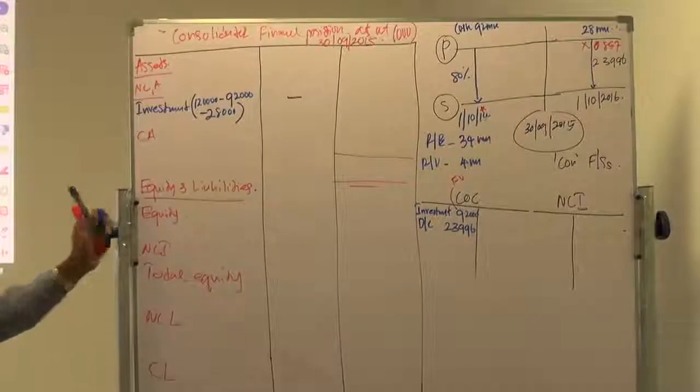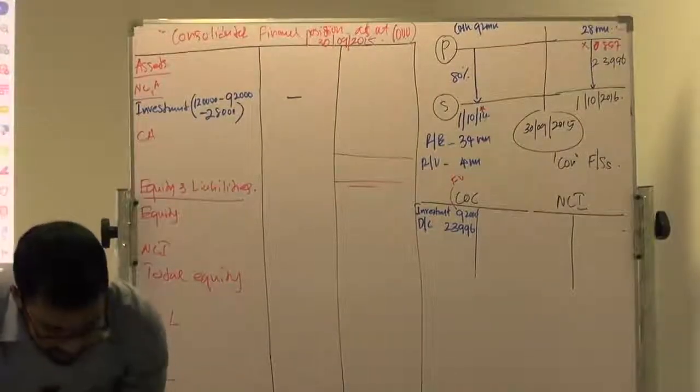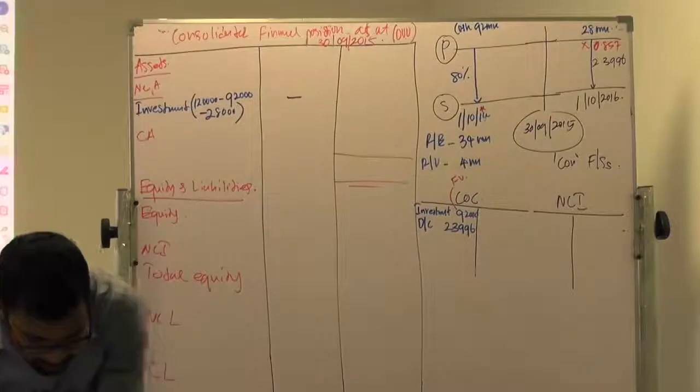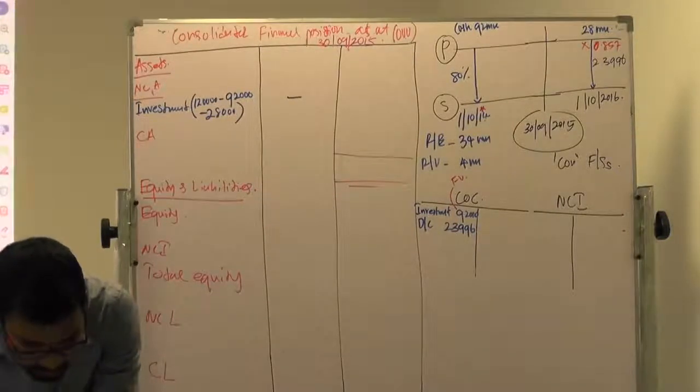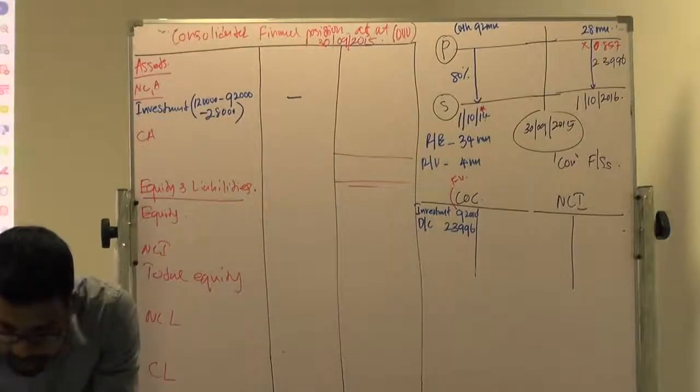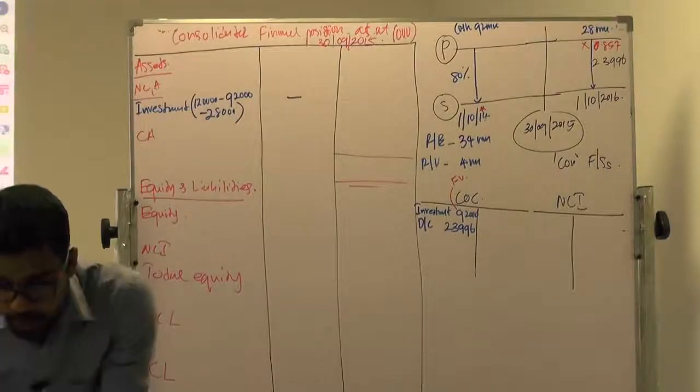Fine. Then use the balance information, right? Read it further. Roman number 2.